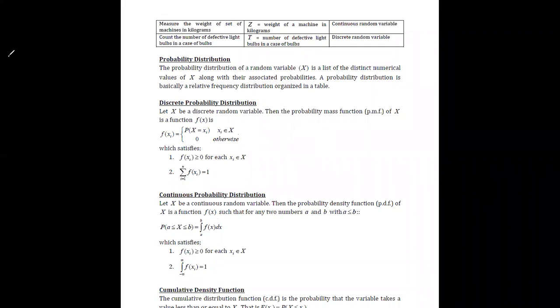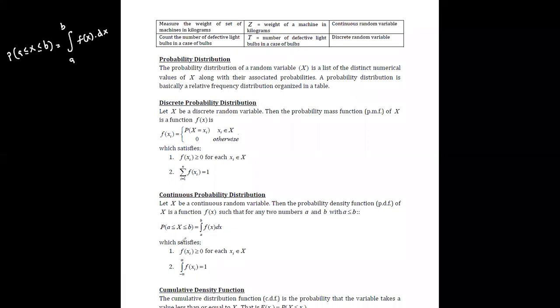Therefore, the probability that x lies between A and B is the integral of the function f(x) with respect to dx from A to B.